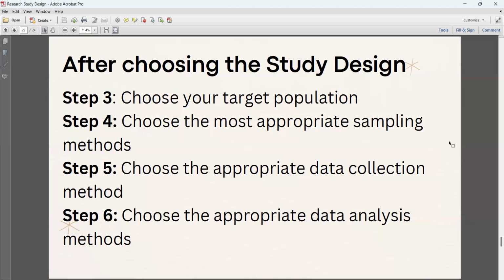So step 6 is to choose the appropriate data analysis methods. As we've seen while exploring the objectives, data analysis methods vary by objectives.